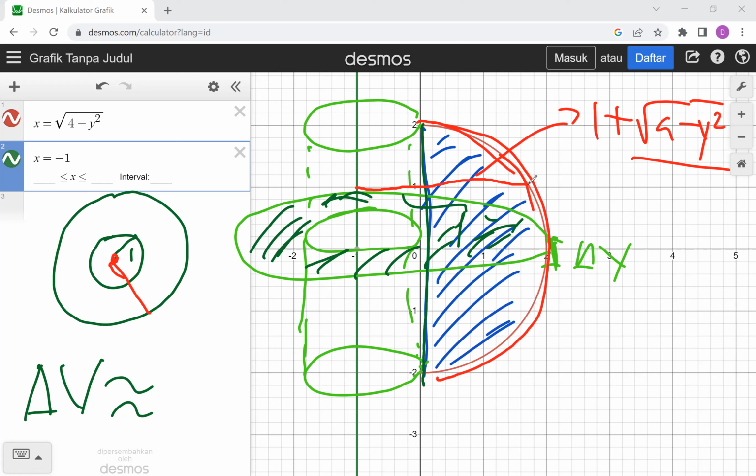In this case, the inner curve is just the line x equals 0. Here the radius is 1 plus the square root of 4 minus y squared.